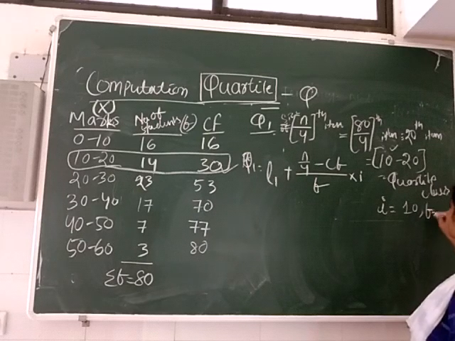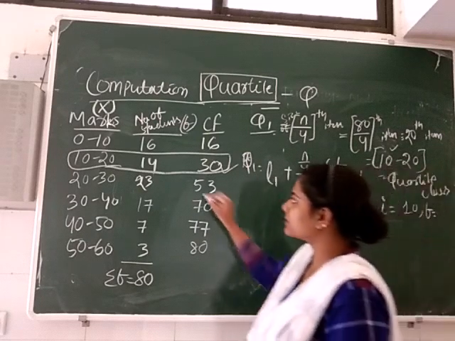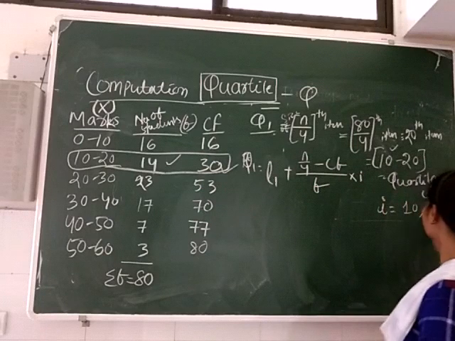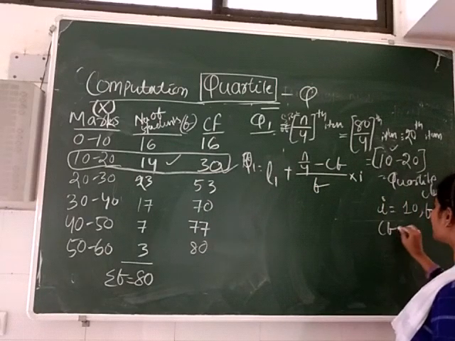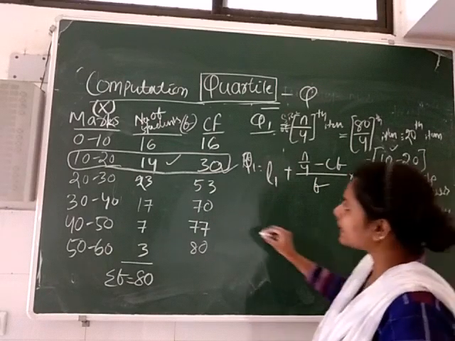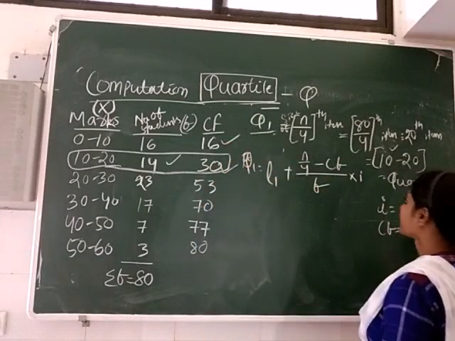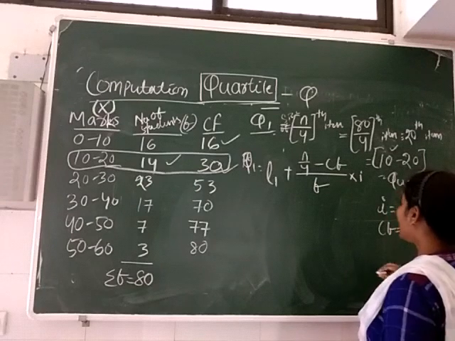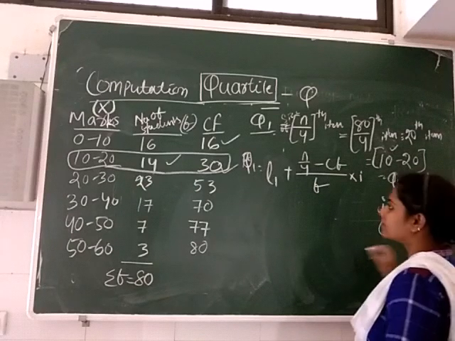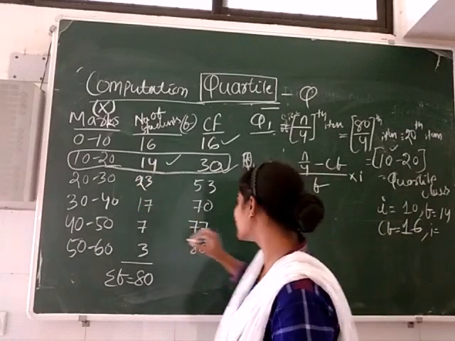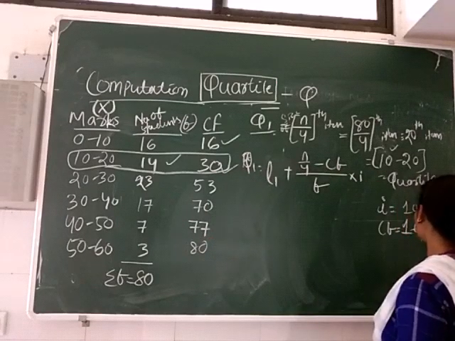Then F is the simple frequency, F is 14. And CF is the cumulative frequency preceding the quartile class, so it is 60. And I equals the class interval, so here the gap is 10.